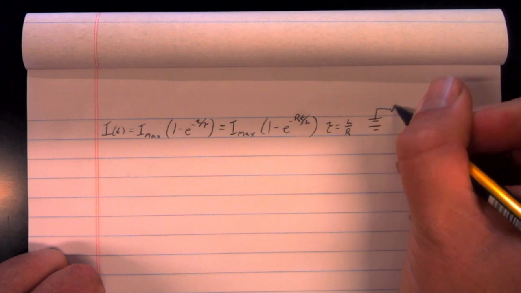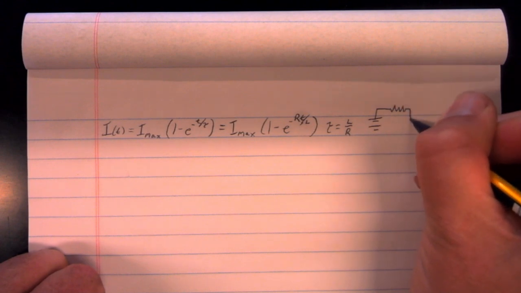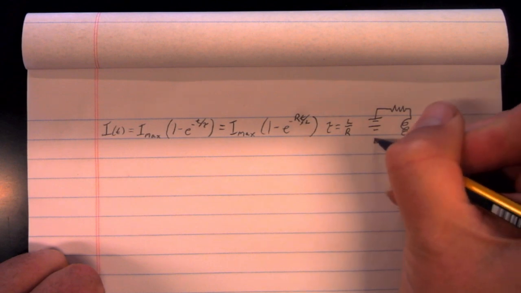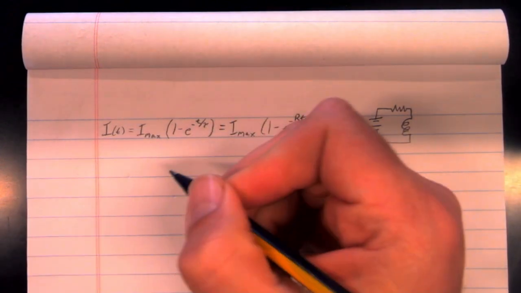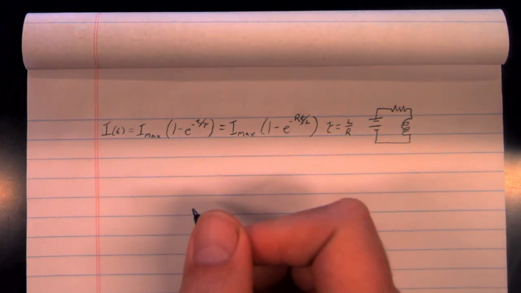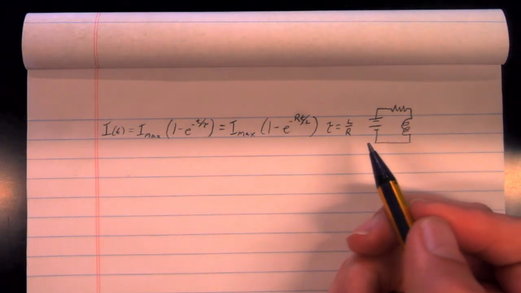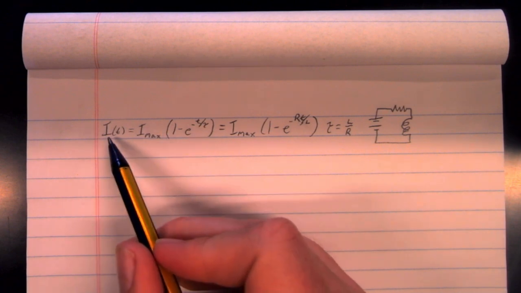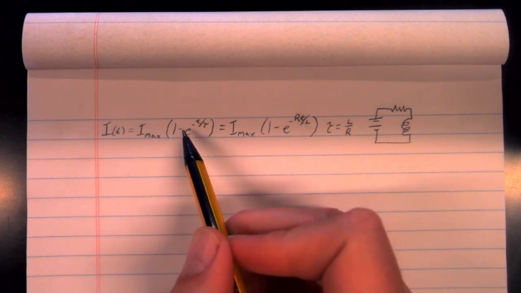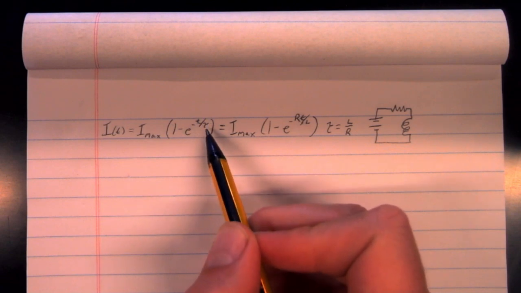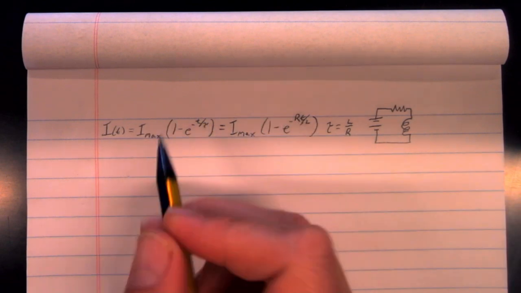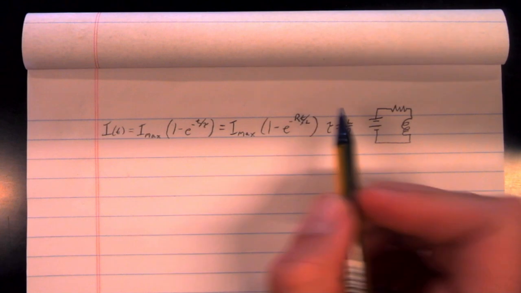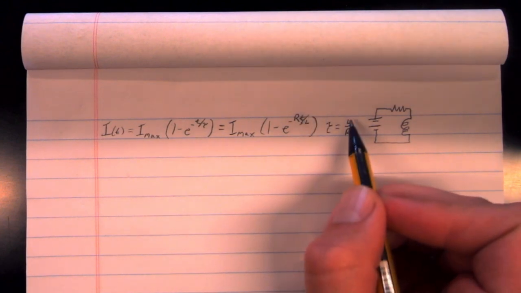We can draw that out real quick just to be explicit. And this is the formula that we derived using Kirchhoff's loop rule for the current. The current at any time is I max times 1 minus e to the negative t over tau. In order to do this, I want to solve this for the inductance.